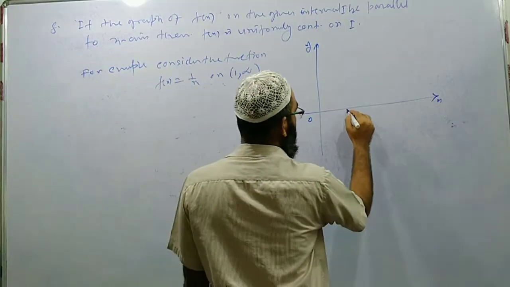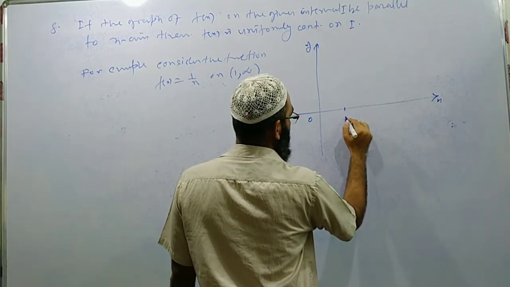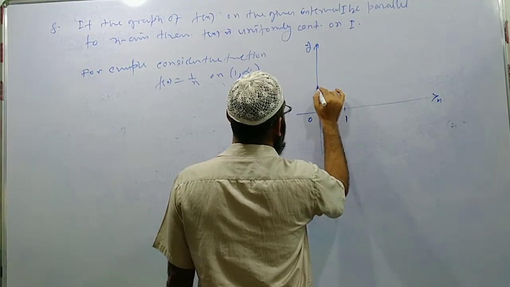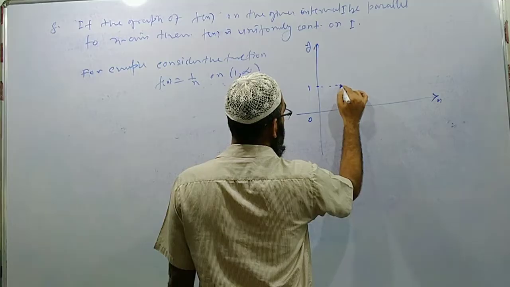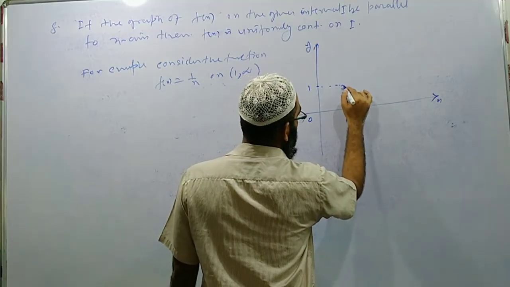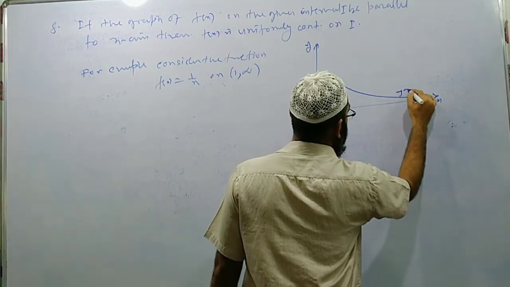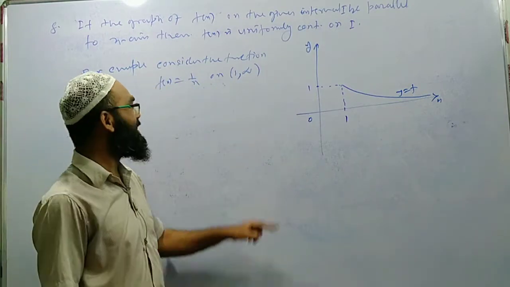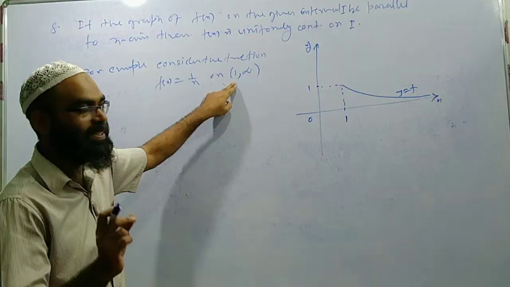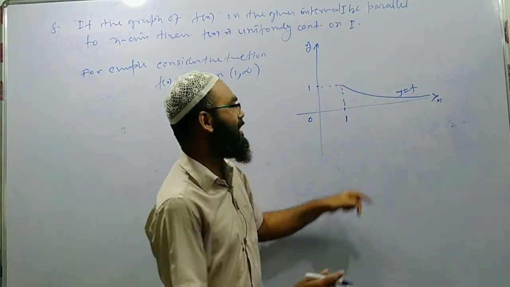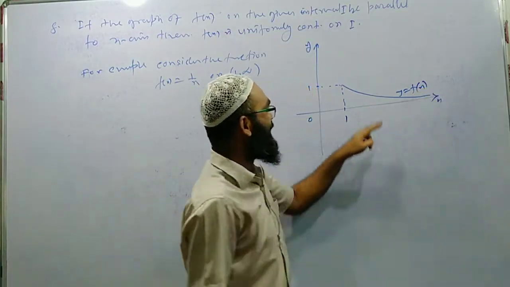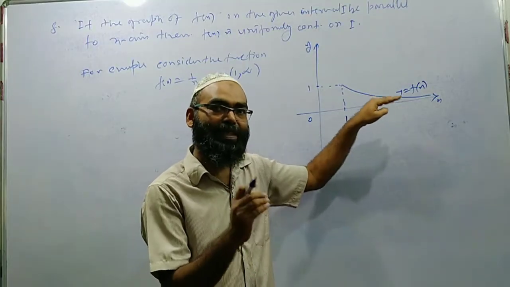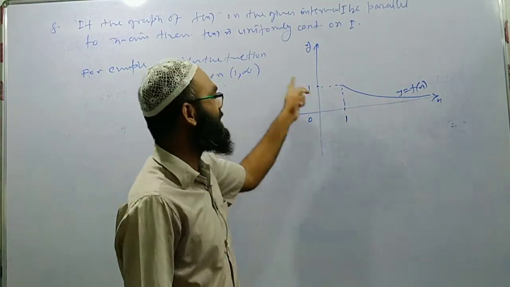This is the point 1, and this is 1. This is the curve y equal to f(x) here, from 1 to infinity, and observe that in this interval I equal to (1, infinity), the graph of the curve is parallel to the axis of x, and hence this function becomes uniformly continuous on this interval.